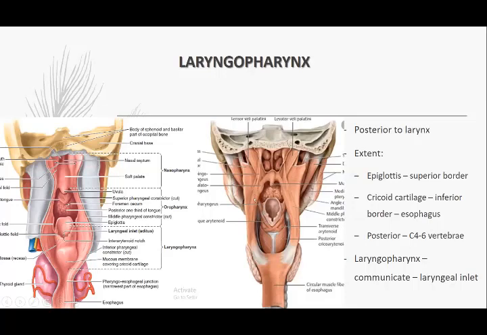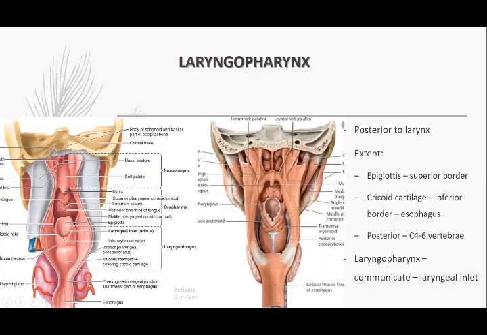Now, where does the laryngopharynx extend from and to? We told you this before. This extends from the superior border of the epiglottis, this is the epiglottis, this is its upper border, down to the inferior border of the cricoid cartilage.